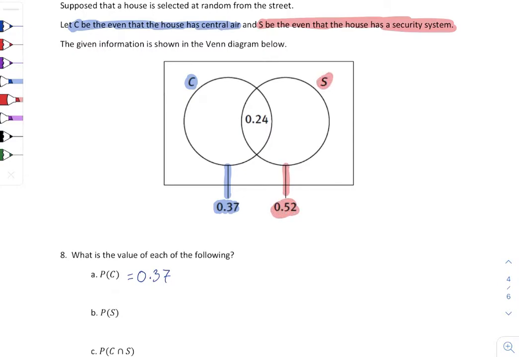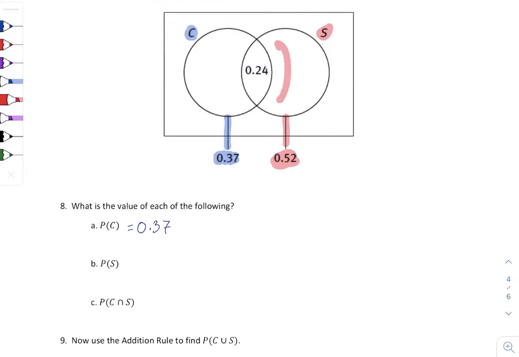And the intersection is the overlap, the middle part where both circles are happening at the same time, and that's 0.24. So all these things are given to us. It's just a matter of knowing where to find them.